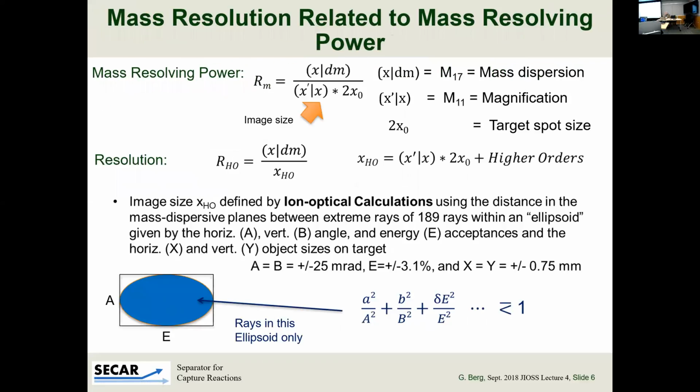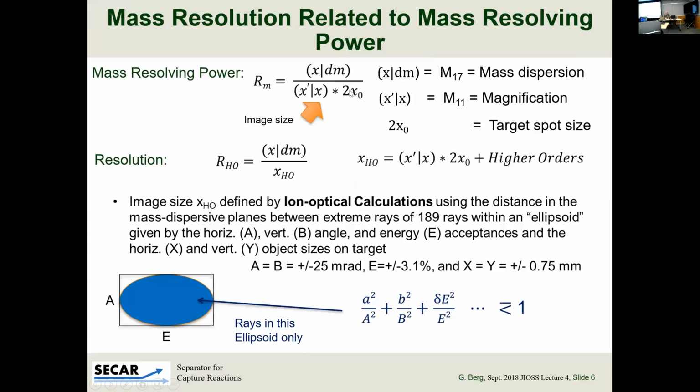Now the mass resolution. We talked earlier about the momentum resolving power. It is the momentum dispersion divided by magnification and divided by the full target size.